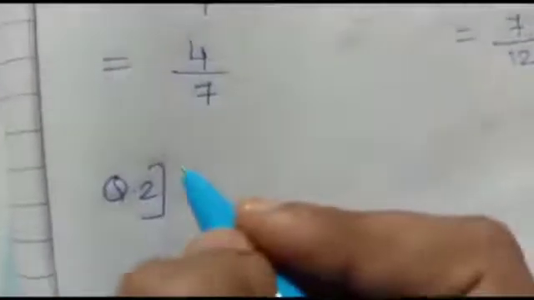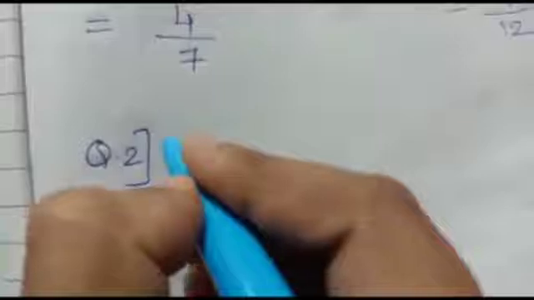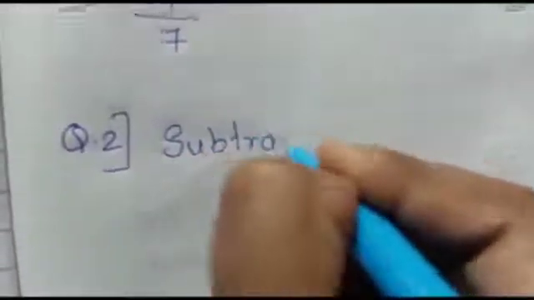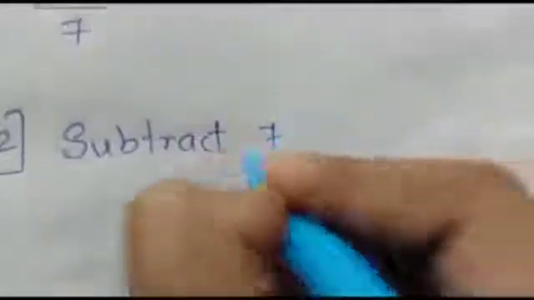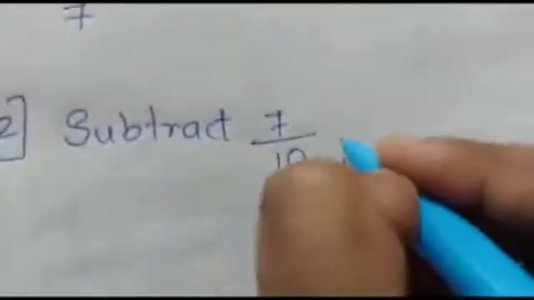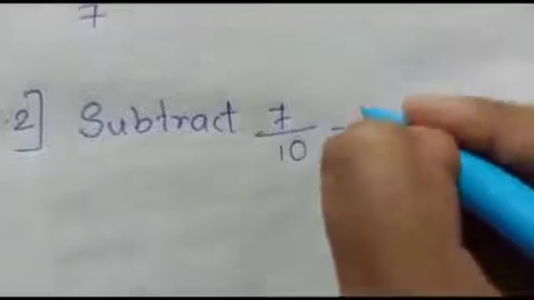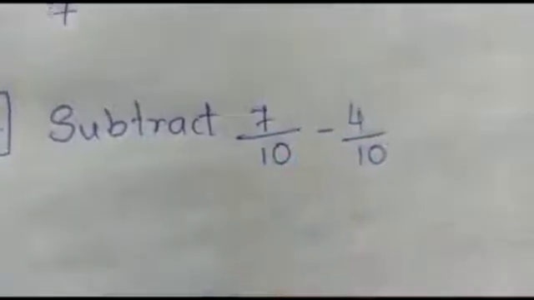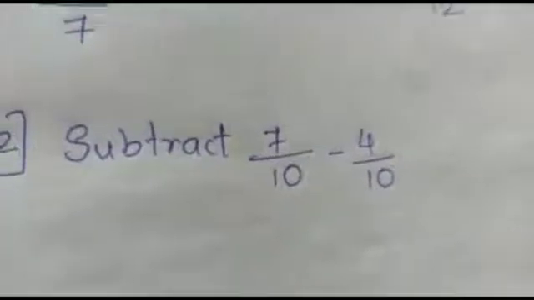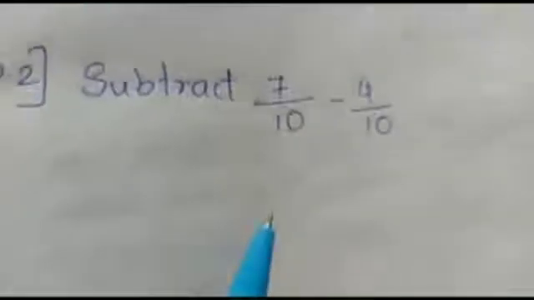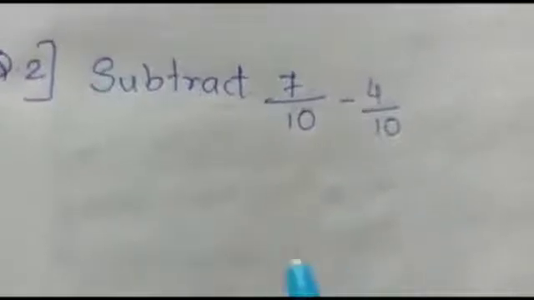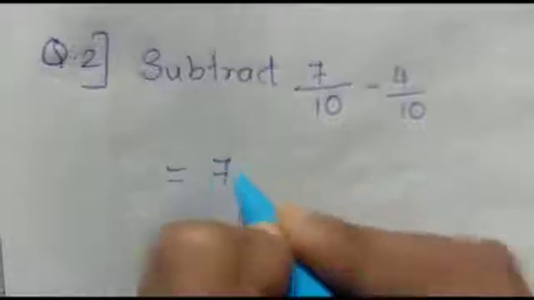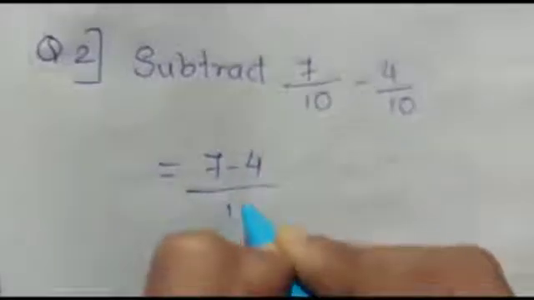Question number 2, that is directly you can write as subtract, that is 7 upon 10 minus 4 upon 10. Now 7 upon 10 is to be still painted, and 4 upon 10 has been completed, but still how much more is remaining, that we have to find out. Okay, so that is equal to 7 minus 4 upon 10.